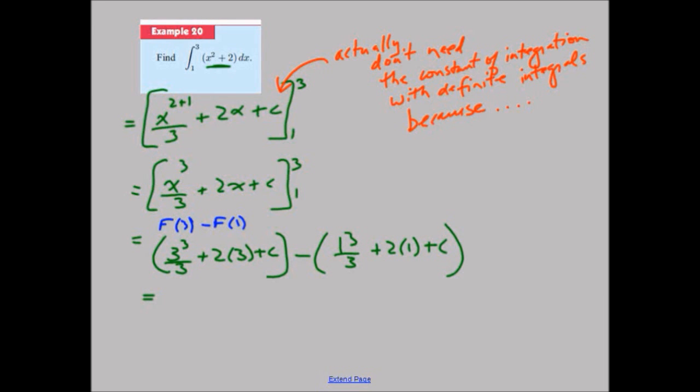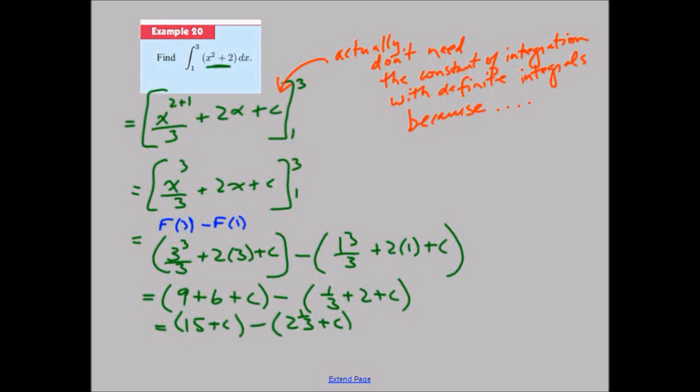So this is 9 plus 6 plus c, subtract 1/3 plus 2 plus c. 15 plus c minus 2 and 1/3 plus c. So 15 plus c, subtract 2 and 1/3, subtract c. The c's cancel out. So we have 15 subtract 2 and 1/3, which is 13 and 2/3, or 41 over 3.